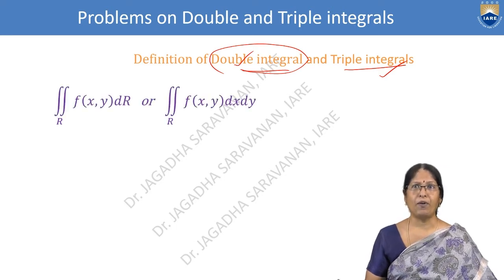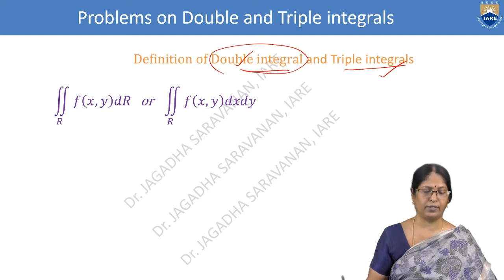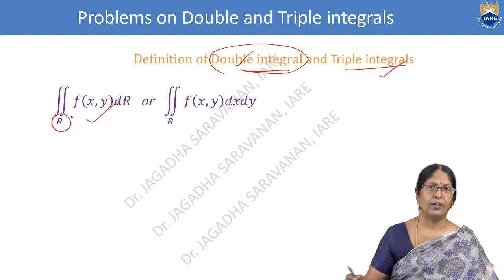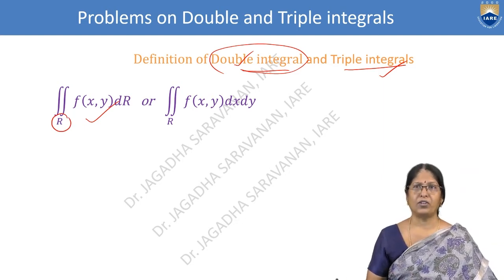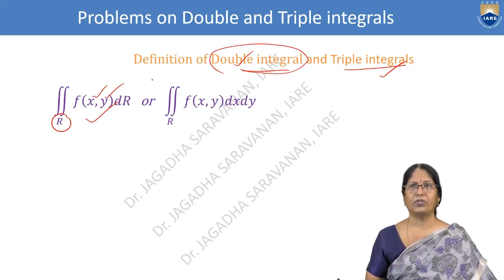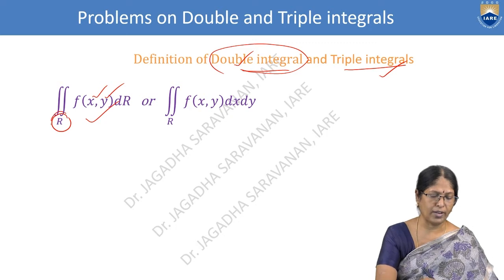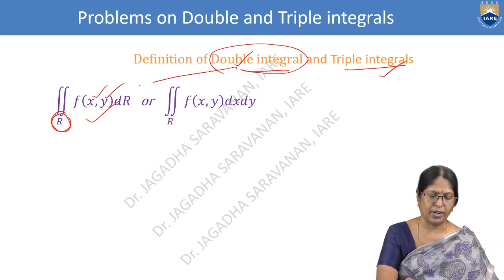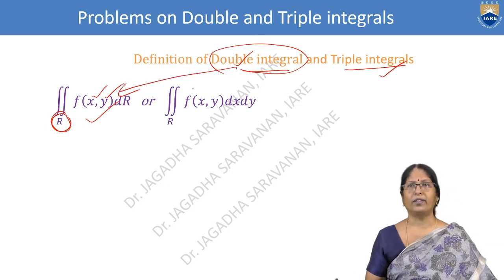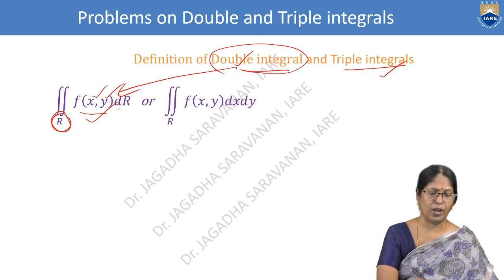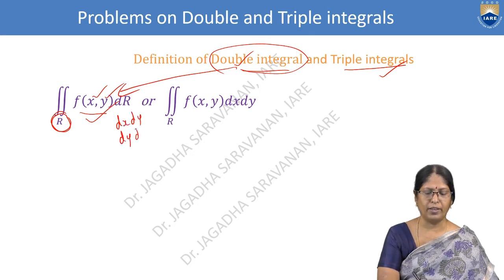The formula defined for the double integral is this, where the capital R defines the region, in Cartesian form, with x and y as the dimensions. So the double integral is f of x y into dx dy or dy dx.